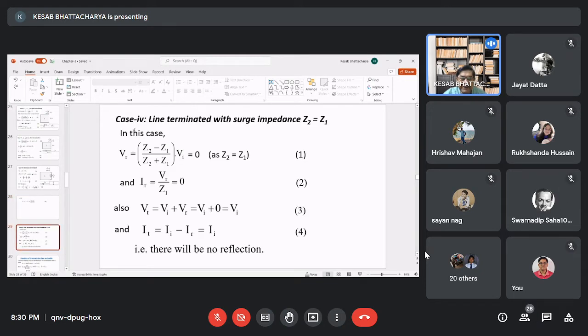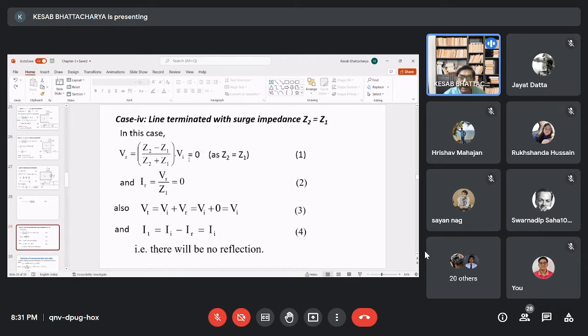Case 4, line terminated with surge impedance. That is, if a line is terminated at its own surge impedance value, that is Z2 is equal to Z1. In that case, VR = (Z2 minus Z1) by (Z2 plus Z1) into Vi is equal to 0.